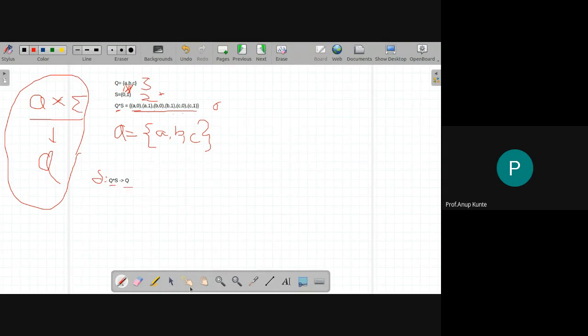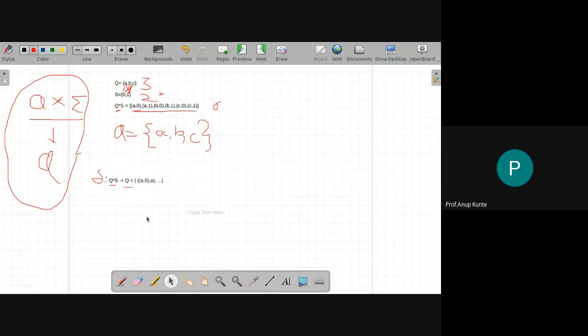Okay, how will it be defined? For instance, if I want a single element in this set, this ultimately is going to be a set, and this set will have elements. The first element will be a tuple A, comma, suppose 0, and I have A. So this will be a single element, and I will have multiple such elements in this particular mapping.